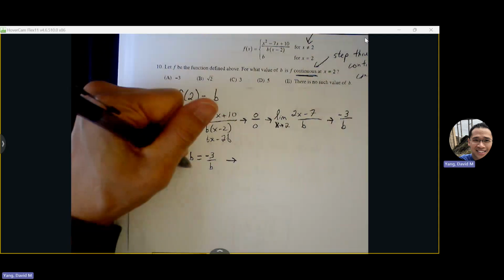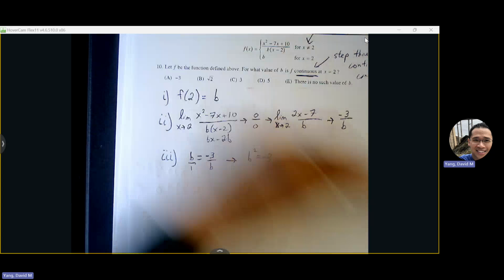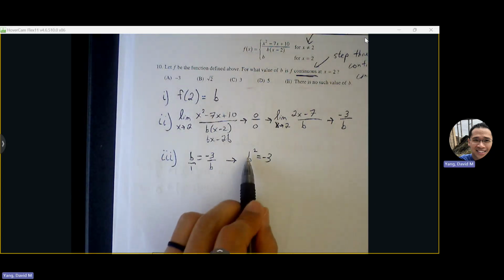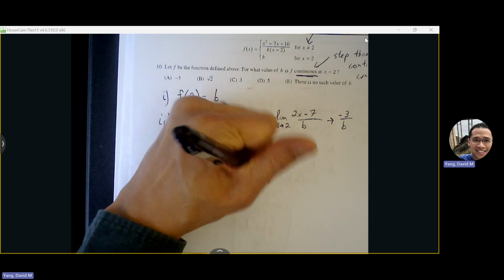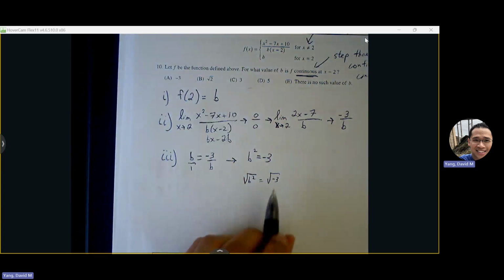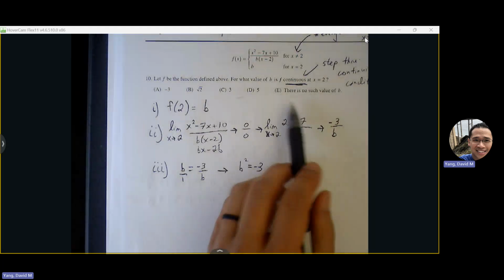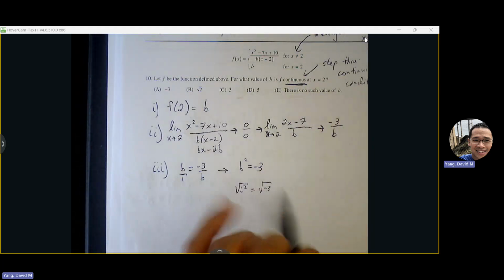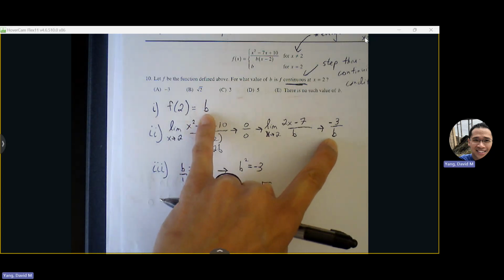So I can cross multiply. B squared equals -3. And we can't take the square root. If we take the square root and solve for b, we're going to get an imaginary number. And in this course, imaginary is considered undefined. So we're only dealing with the real number system. So in this case, we can't find a value of b that's going to fulfill the condition where a number is equal to -3 over that number.